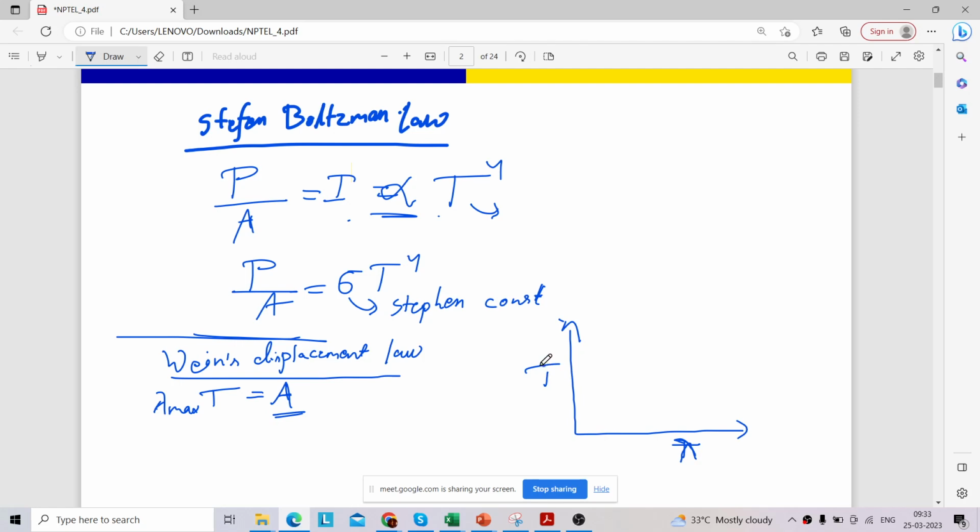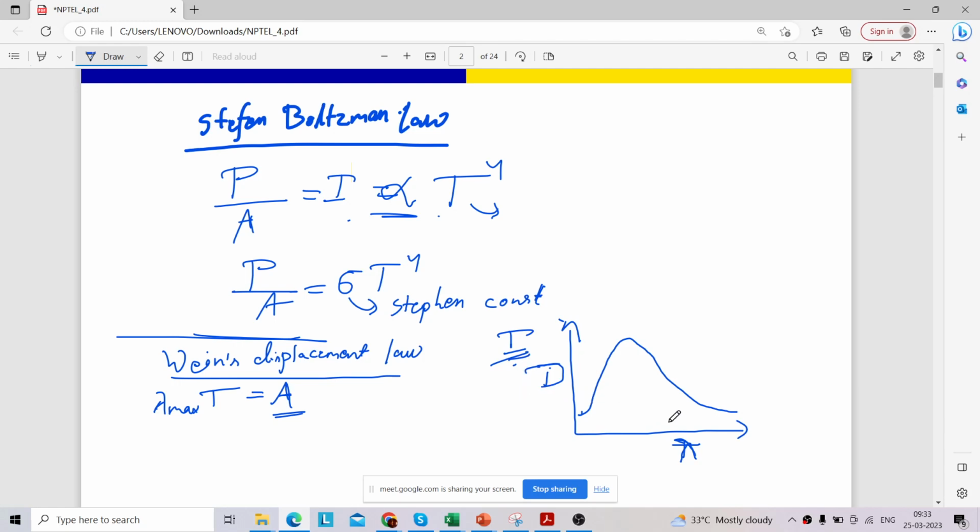So let's say we have some distribution like this, and this y-axis is intensity, actually.